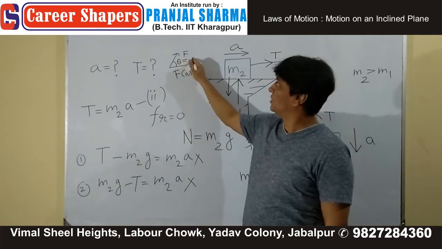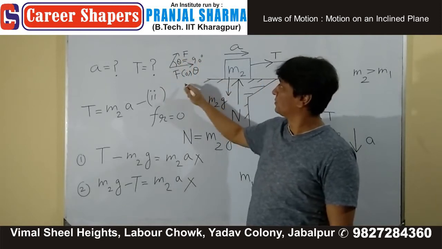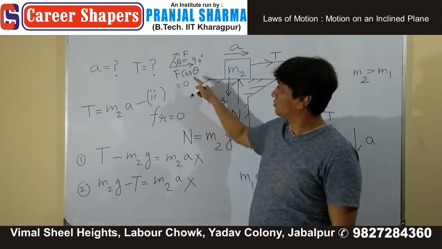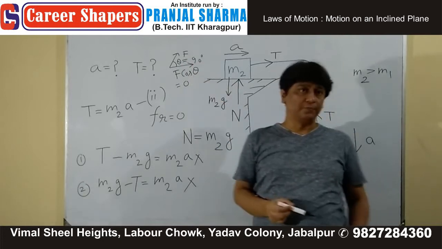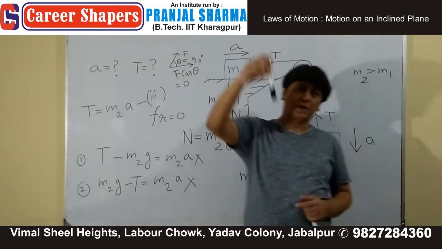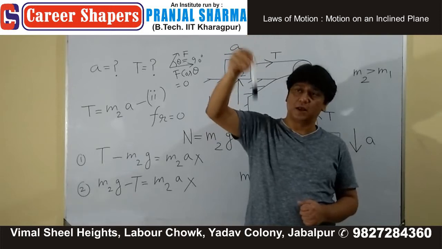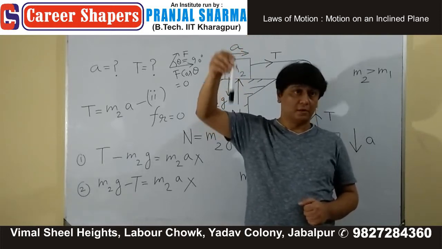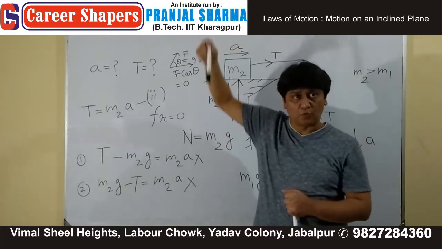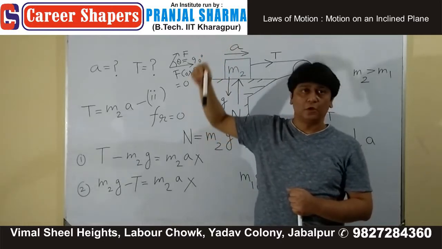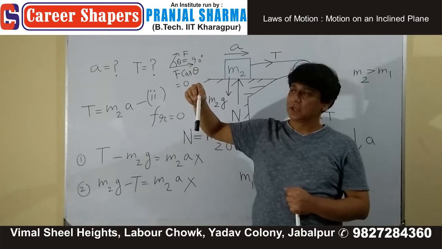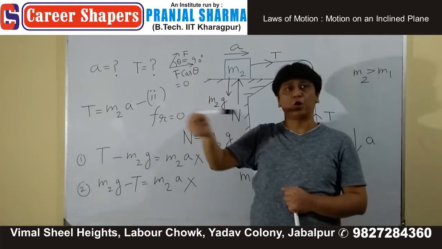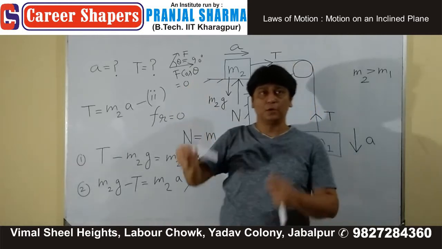If I say that theta is 90, then you know that cos 90 is 0. इसको अपन क्या बोलते हैं कि अगर mg कहाँ लग रहा है? नीचे. तो इस mg का नीचे means कहाँ लग रहा है? Vertically downwards. Any vertical force, its horizontal contribution will be 0.